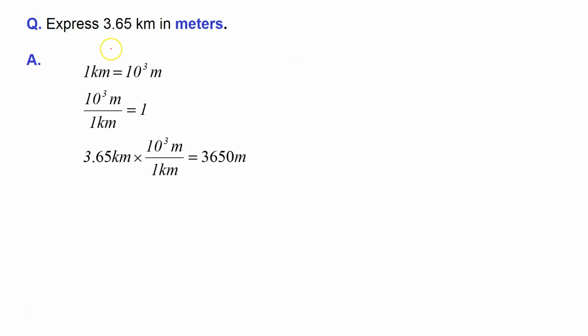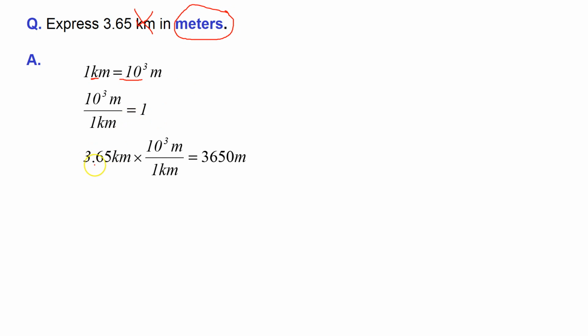So here's another one. Express 3.65 kilometers in meters. Begin by finding the equality that relates the two. 1 kilometer is equal to 10 to the 3 meters. All I'm doing is replacing the letter K with its corresponding power of 10. I want to get rid of kilometers and end up with meters.